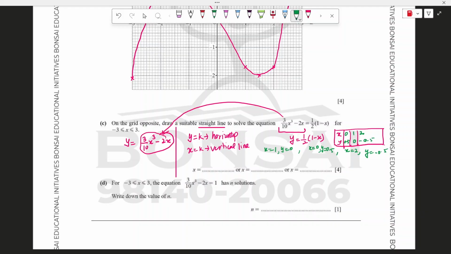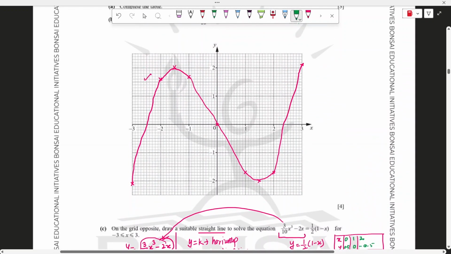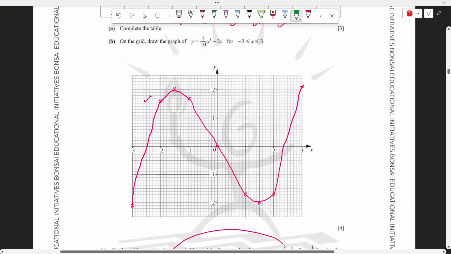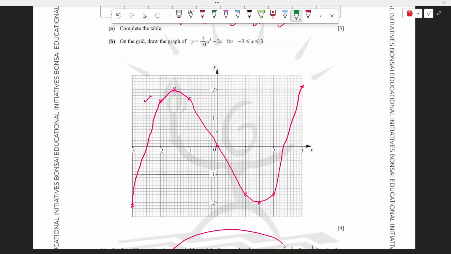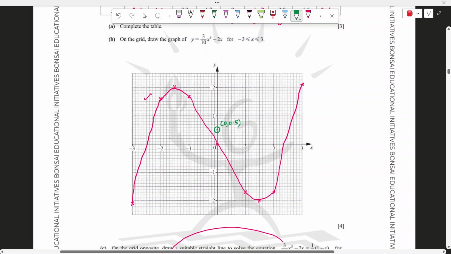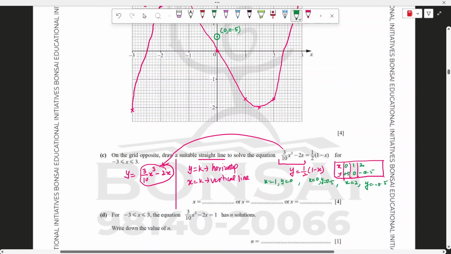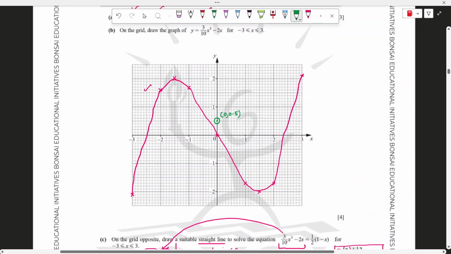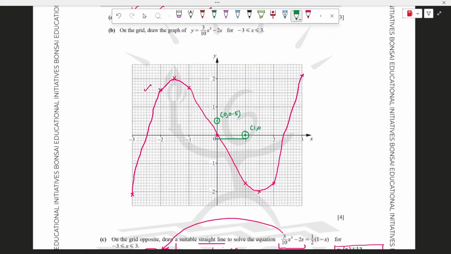We need to plot these 3 points on the graph itself. One is (0, 0.5): x is 0 and y is 0.5, this point is exactly here. Then (1, 0): x is 1 and y is 0, so it lies here.